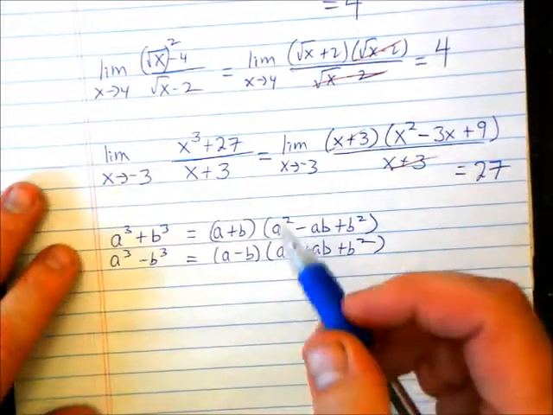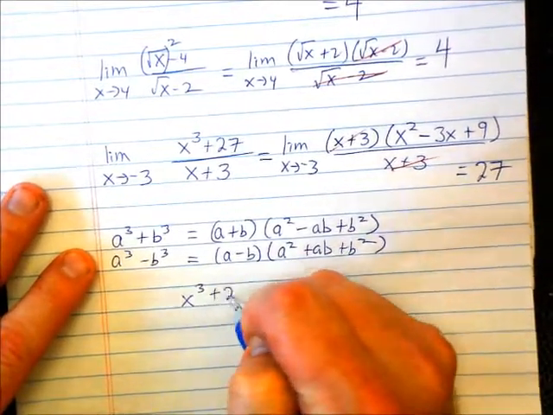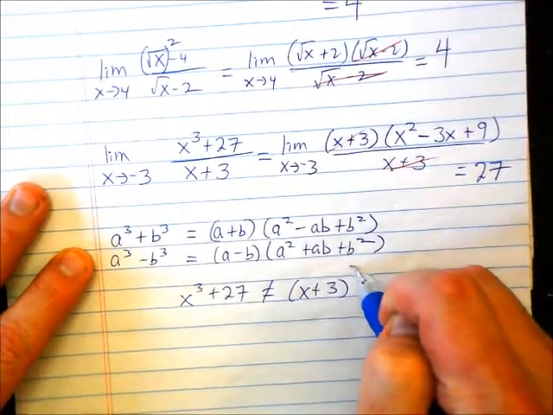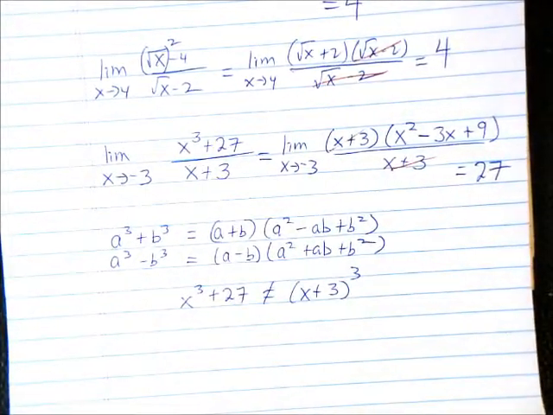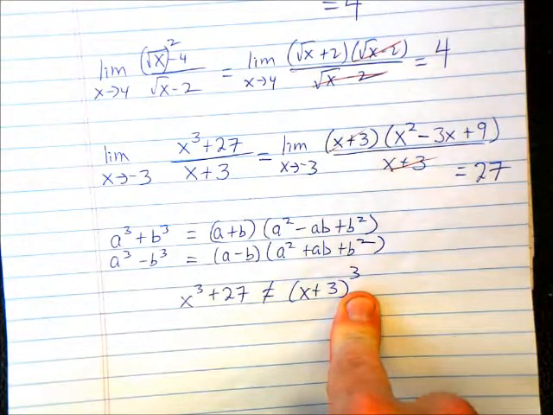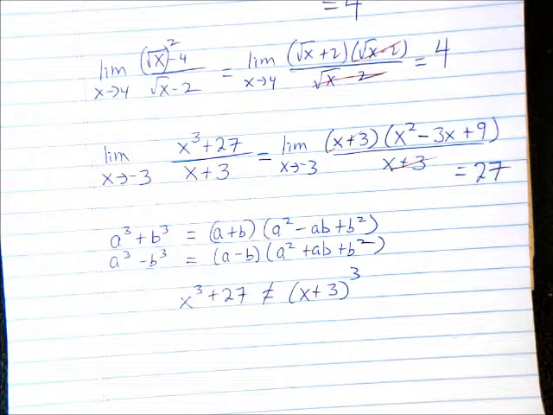Remember, x cubed plus 27 is not the same as x plus 3 cubed. Those aren't the same. Why not? What would I have to do with x plus 3 cubed? I'd have to write x plus 3, x plus 3, x plus 3. When I do FOIL, I'm going to get a whole bunch of middle terms, and those middle terms don't cancel out.